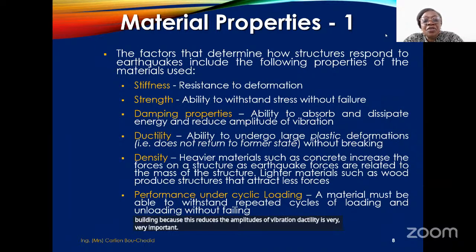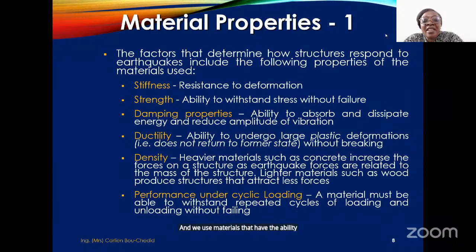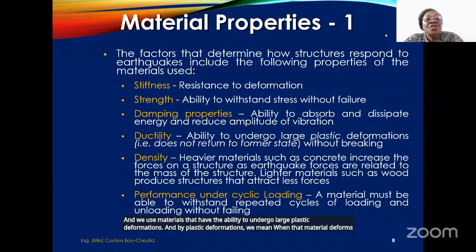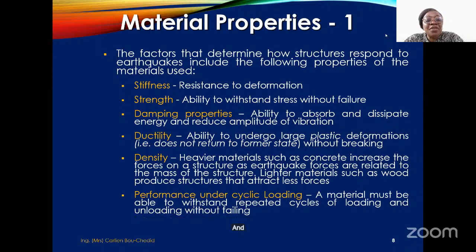And we use materials that have the ability to undergo large plastic deformations. And by plastic deformations, we mean that when that material deforms, it does not return to its former state, but it does not break. And this ability alone allows us to build more cost effectively.